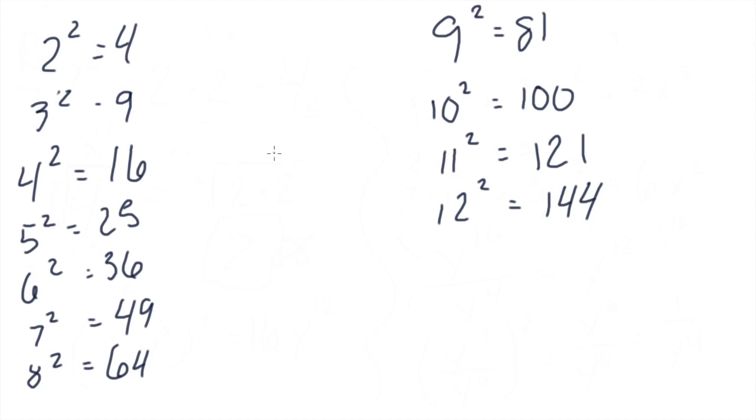So if you take any of these numbers that we just squared and you take the square root of them, it's going to give you the base of your original term.